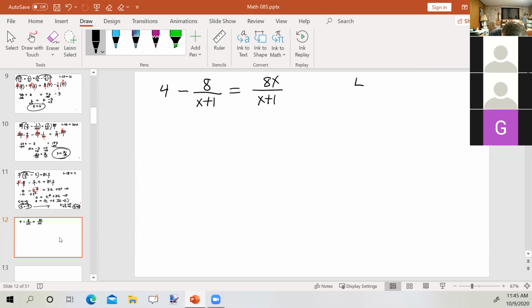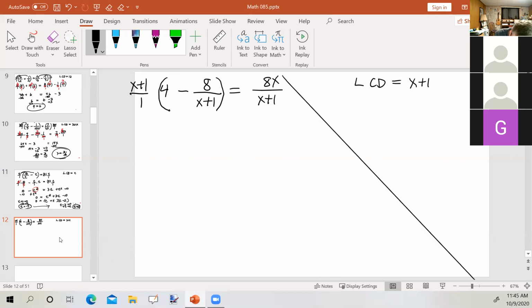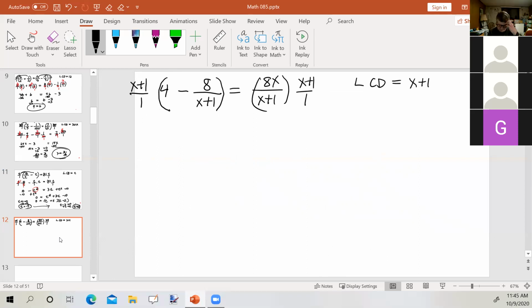So what is the LCD here? X plus 1. Correct. X plus 1. So I'm going to multiply the left side by x plus 1 and the right side by x plus 1.